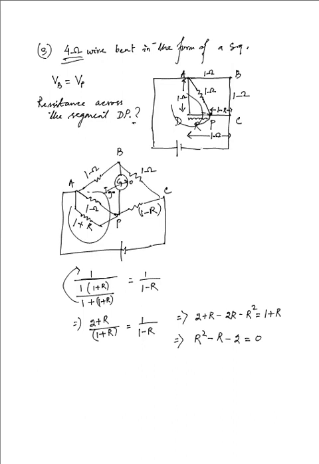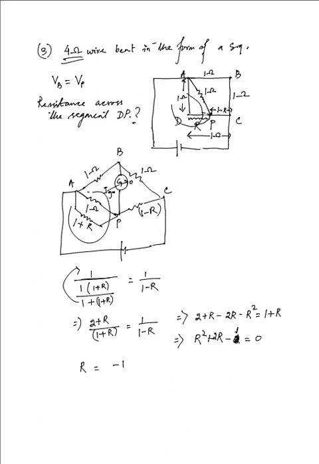Well, with this we can just obtain the value of R. R will be having two values, minus B plus minus root of B squared minus 4AC, divided by 2A. Here A is 1, B is minus 1, C is minus 1.